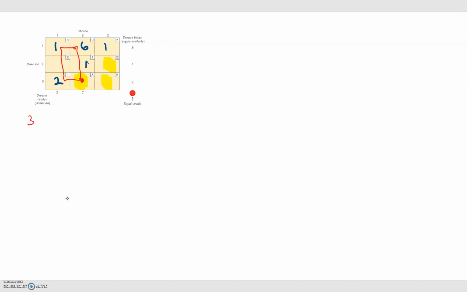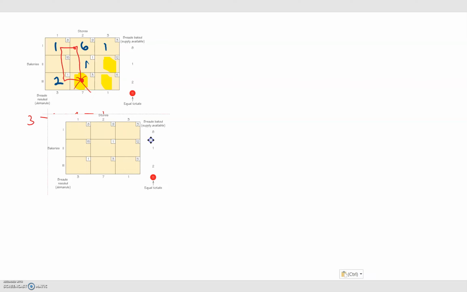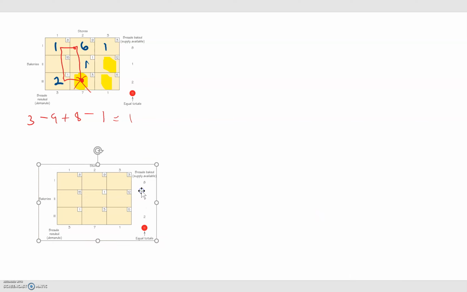And that'd be 3 minus 9 plus 8 minus 1. 3 minus 9 plus 8 gives me negative 6 plus 8 is positive 2, minus 1, positive 1. So that's no good. So I don't need that one either. And so now I can move on and check 2 more.